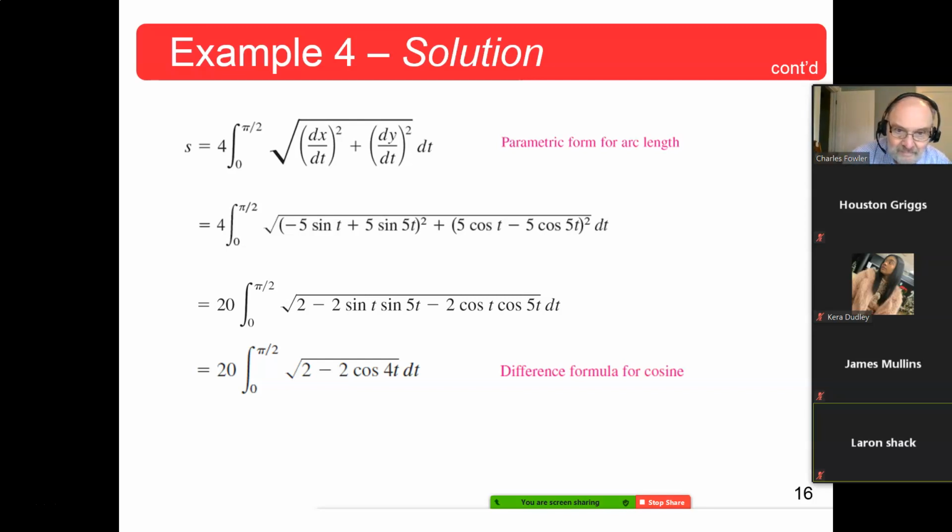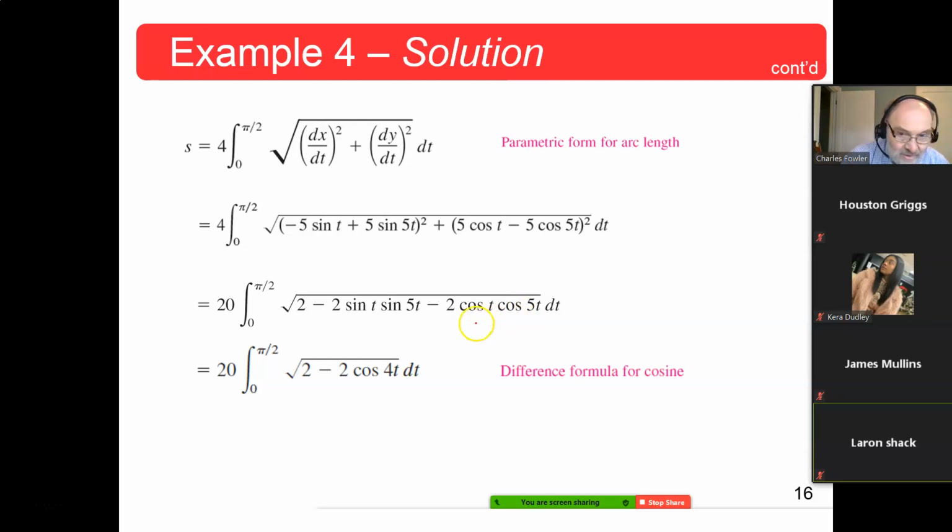This would be, since this is a minus, okay, the 2 is out there by itself, and this is minus 2 sine t sine 5t plus, if you factor the 2 out, plus 2 cosine t cosine 5t.